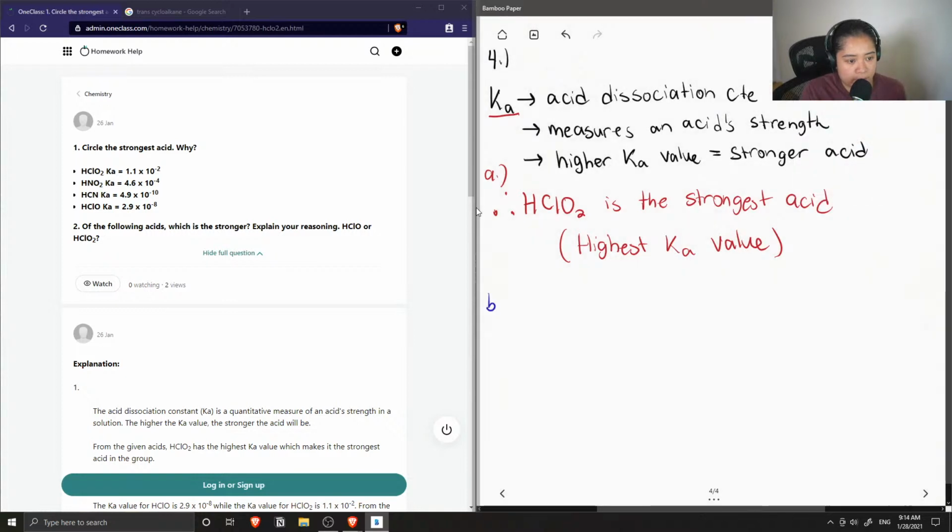Okay, so now for part B, of the following acids, which is the stronger? Explain your reasoning, HClO or HClO2. So we already know that HClO2 is stronger because it has a high Ka value.